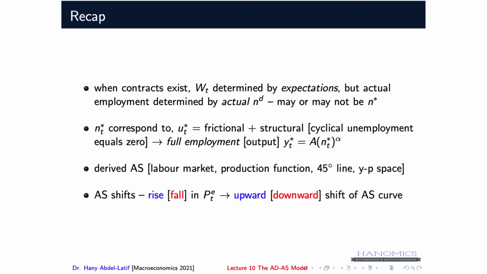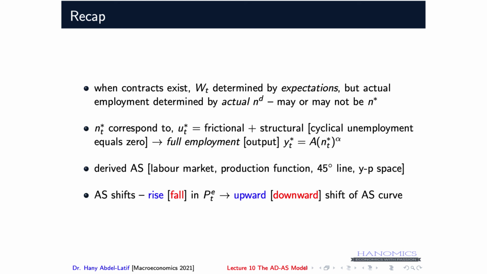So we saw that when a contract exists, W, the nominal wage, is determined by expectation, while actual employment is determined by the actual demand for labor, which could be above or below the natural rate of employment.